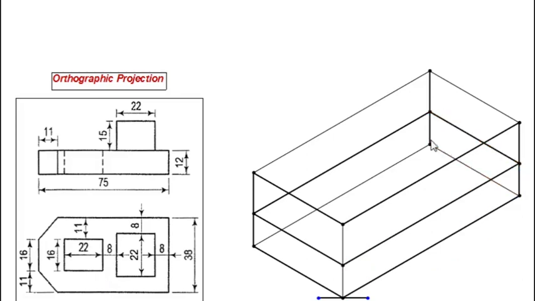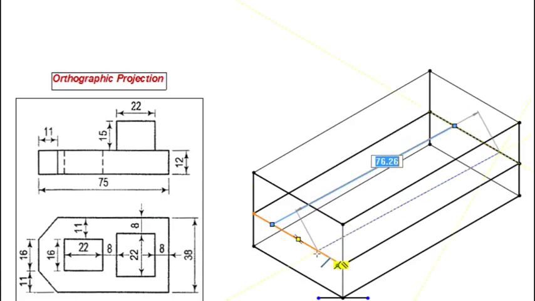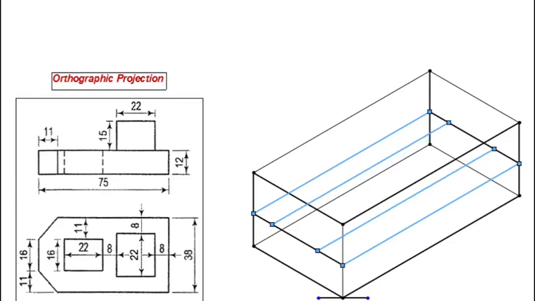To prepare this one, I'm plotting a line from this end to this end, and again from this end to this end. Then adding the relations, these four lines should be equal and parallel to each other.